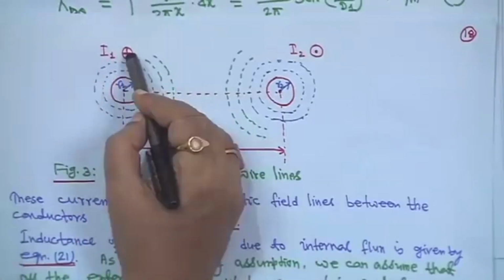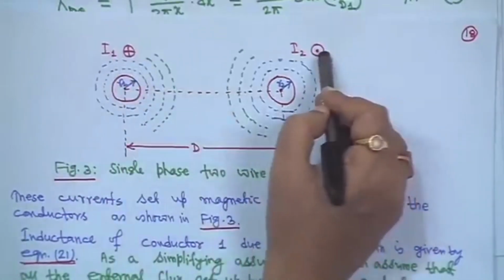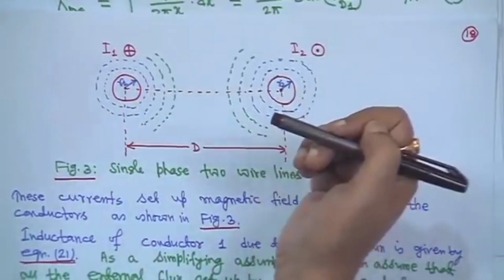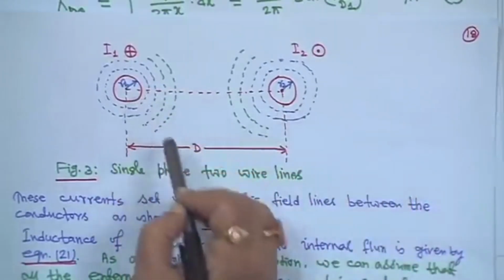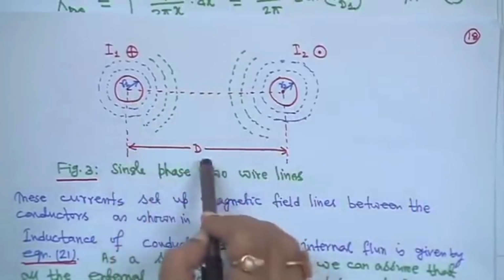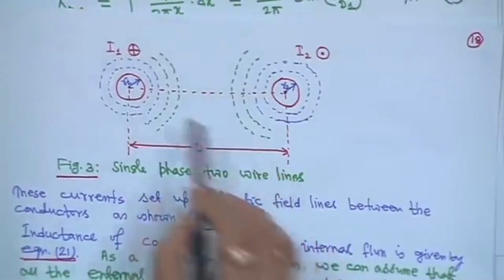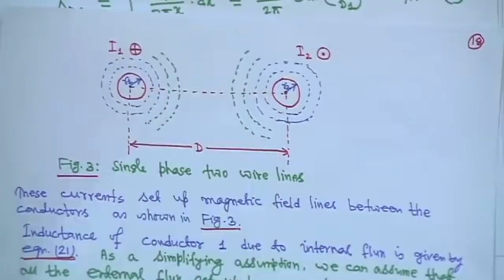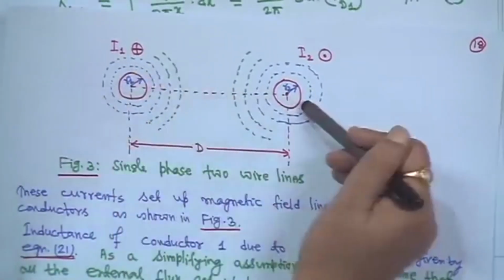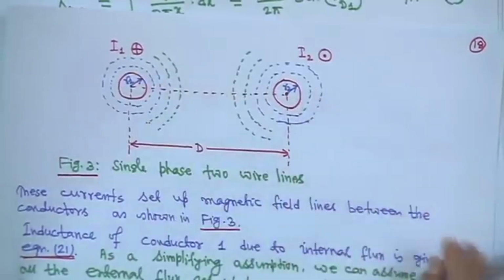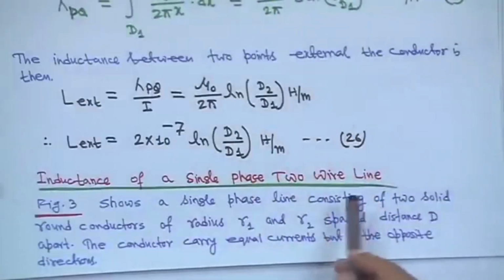That is why the plus sign is given. This is the return path, the dot is showing that the current is leaving the page, and the distance between these 2 conductors is d. So, this is a single phase 2 wire system. One is carrying current I1, and this is actually the return path, and we have to find out the inductance of a single phase 2 wire line.